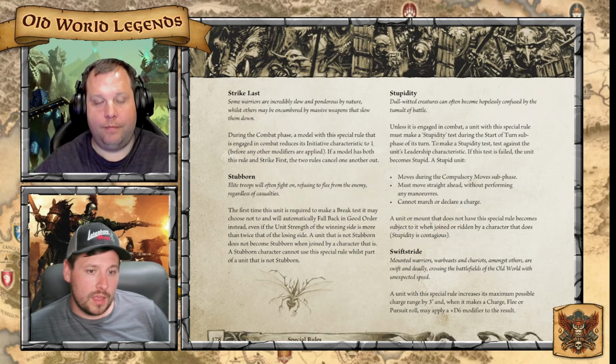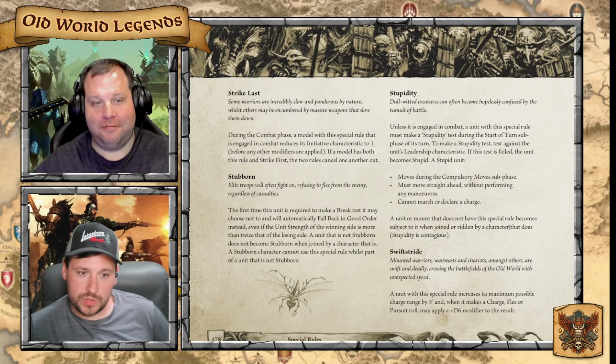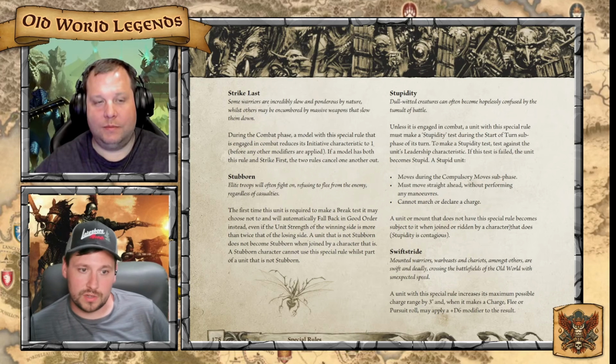One interesting thing to point out is that a unit or mount that does not have the special rule becomes subject to it when it is joined or ridden by a character that does. So if you have a character that gets stupid and he is in the unit, the whole unit is stupid and the whole unit takes the test. Unlike, let's say, a warrior priest prayer or any other kind of self leadership test, if you are stupid and you are in a unit that is veteran, the veterans let you re-roll the stupidity test, which I think is intentional.